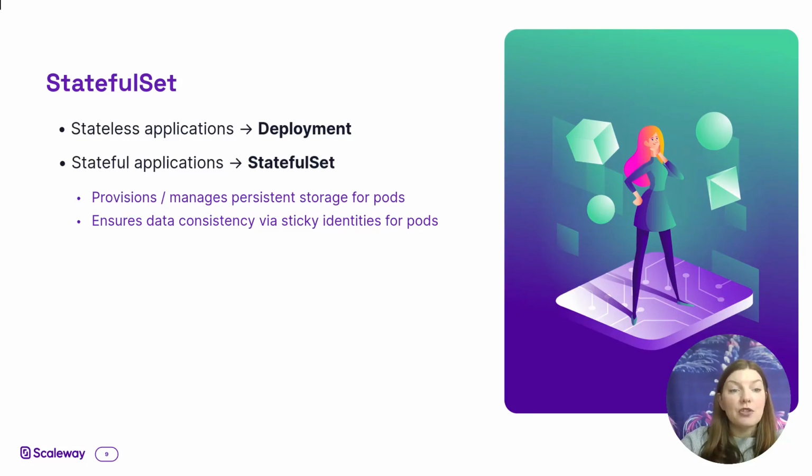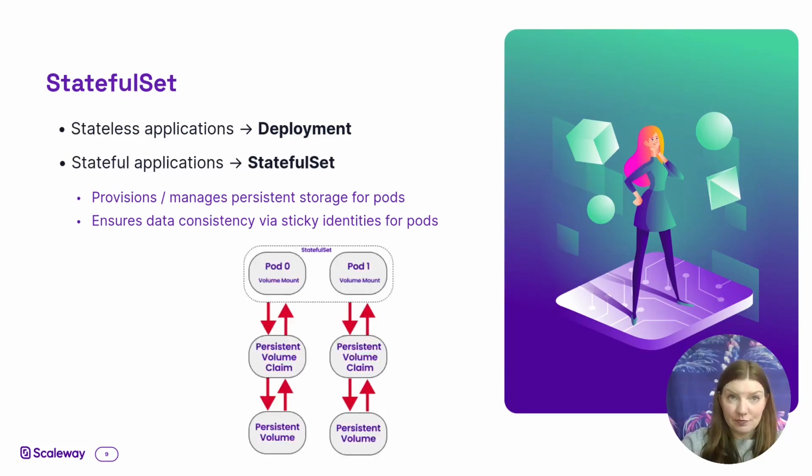And in order to ensure data consistency and synchronicity as pods read and write to storage, the pods have sticky, persistent identities. And you can see how it works here in this diagram. So you can see the relationship between a pod, which has a volume mount, a pod of the StatefulSet, linked to a persistent volume claim, which itself is going to provision the right persistent volume.